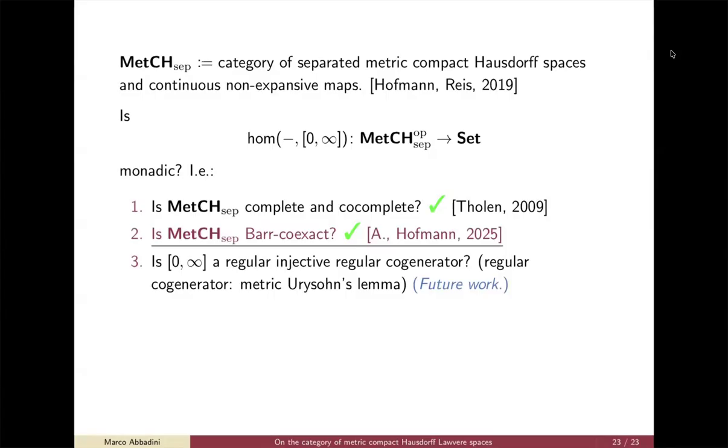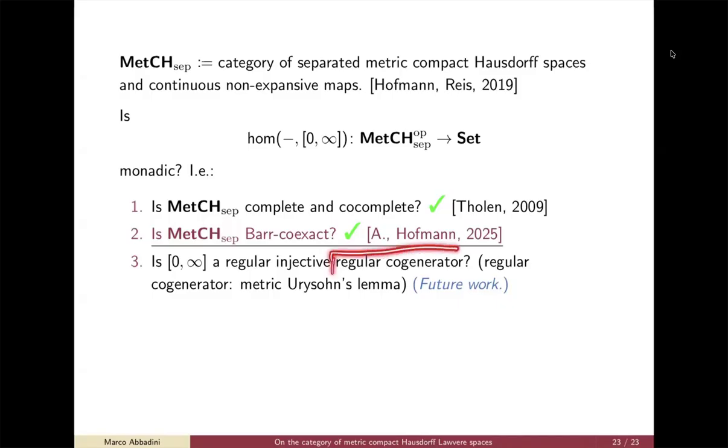The question motivating us was whether the representable contravariant functor represented by zero infinity is monadic. In particular, a contribution is to show that the opposite has an algebraic flavor. In particular, the opposite is Barr-exact. And for future work, we will address whether zero infinity is a regular injective regular cogenerator.